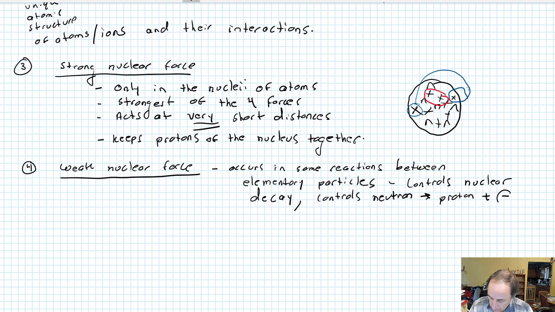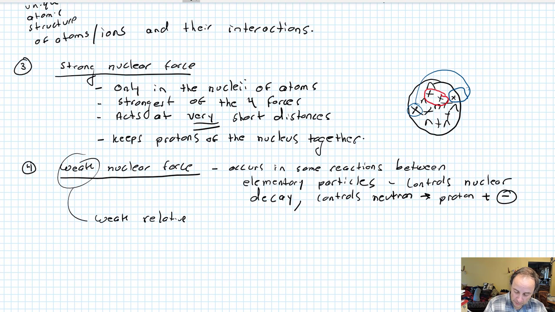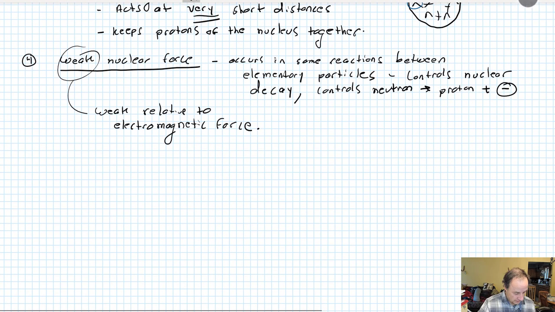And the weak here is weak relative to the electromagnetic force. Obviously weak compared to the strong nuclear force.